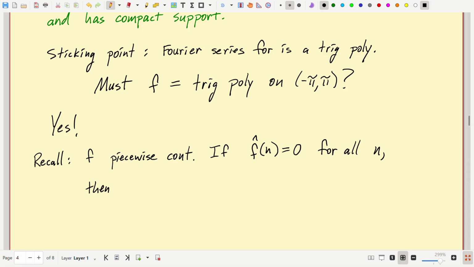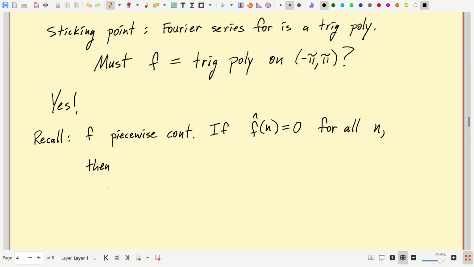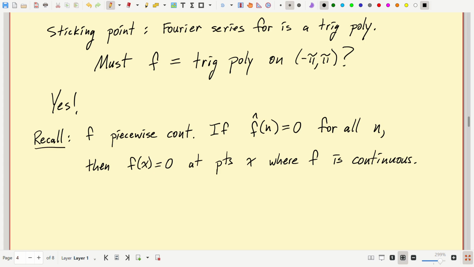Then f had to be 0 at points x where f is continuous.